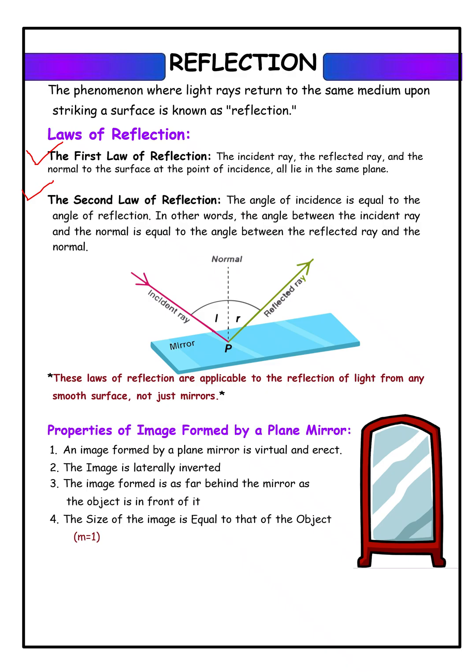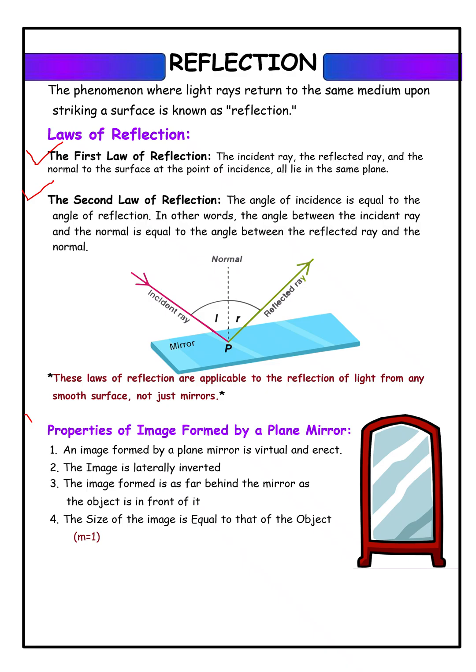You can see the incident ray, the red colour line, falling on the smooth surface, and the reflected ray reflecting back from the smooth surface. These laws of reflection are applicable to the reflection of light from any smooth surface. So you are not going to be mistaken that it's only the mirror part, but any smooth or shining surface.